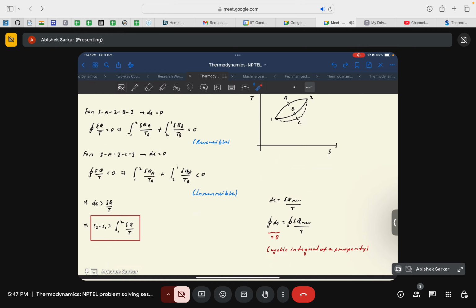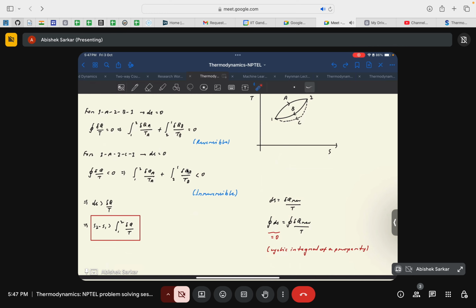And since entropy S is a state function or a point function, the cyclic integral of this point function should be equal to 0. It only depends on the point. So if you go from 1 to 2 and back to 1, the net change in entropy has to be 0, irrespective of whether the process is done in a reversible or an irreversible manner.